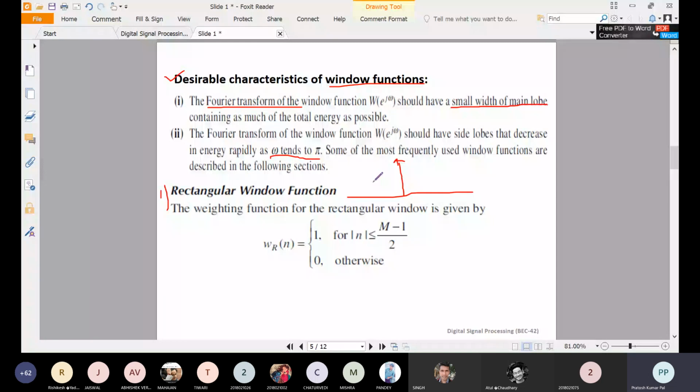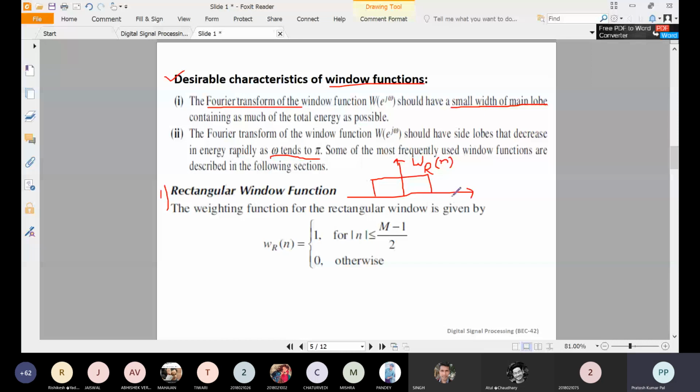So this is called W. W is for window function. If it is rectangular, it will be represented by WR, WR of n. This WR of n will be defined by the function that it will be 1 for mod n less than or equal to m minus 1 by 2.